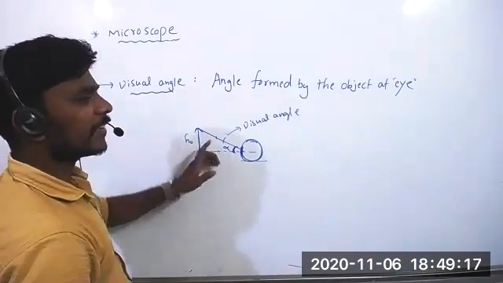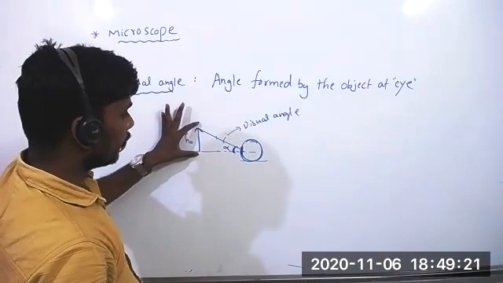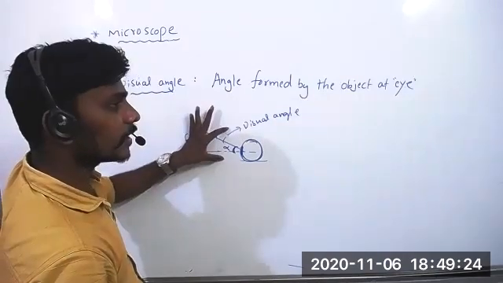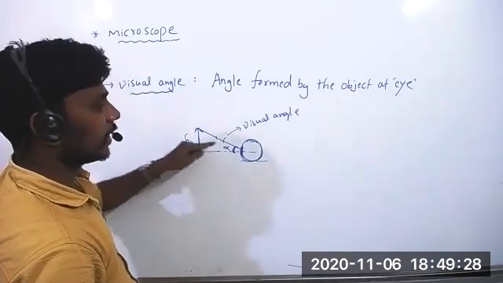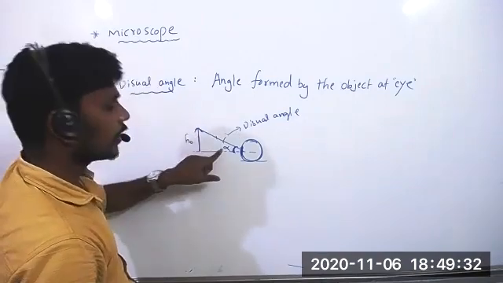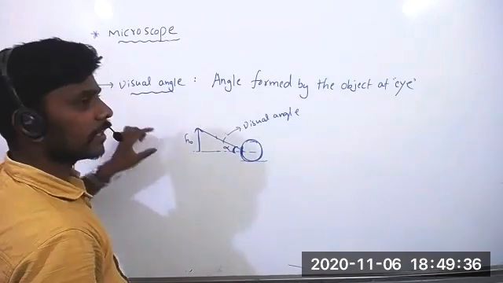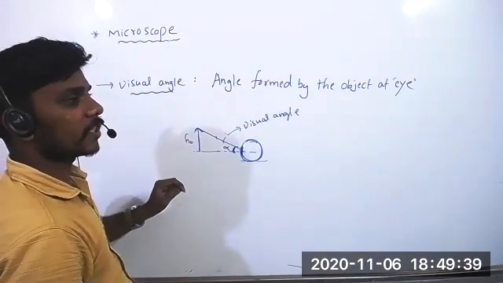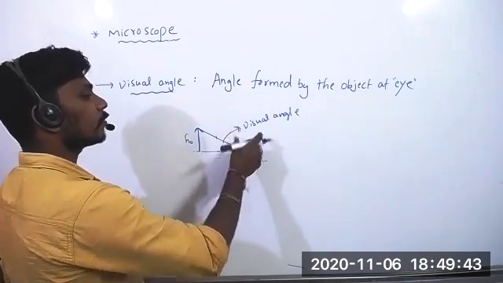This visual angle we can increase or decrease. If you want to increase it, we have to move this object very near. Definitely the angle will increase. Otherwise, if the object size increases, definitely the visual angle will increase. If object size decreases, visual angle will decrease. If object distance is increasing, visual angle will decrease. But what is the visual angle?